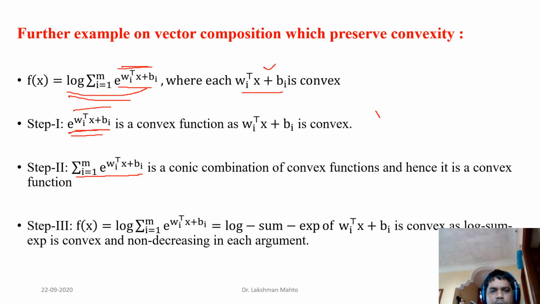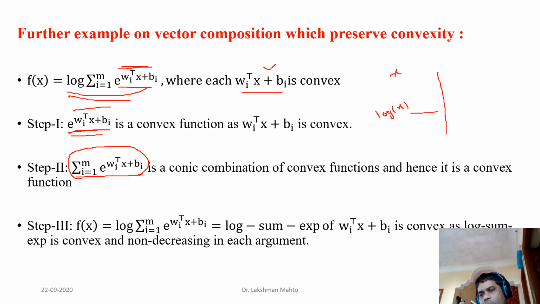Now if someone says that in the next step you directly apply the logarithm over this convex function, and reasons that the log of a convex function is convex, then that reasoning is wrong. It is wrong because if you take simply y equal to x, it is a convex function because it is a line.